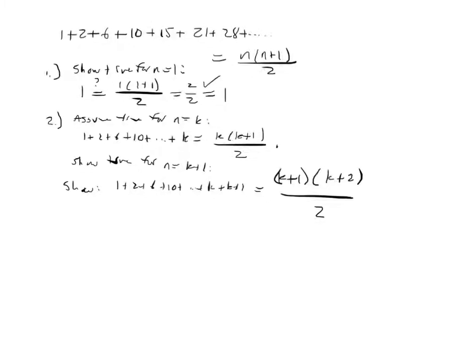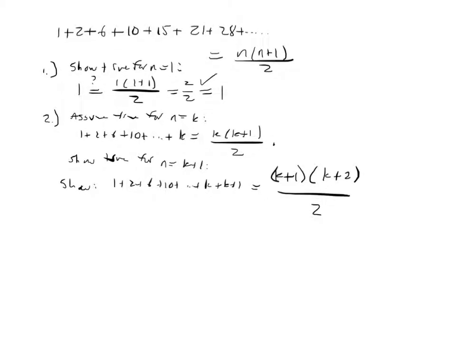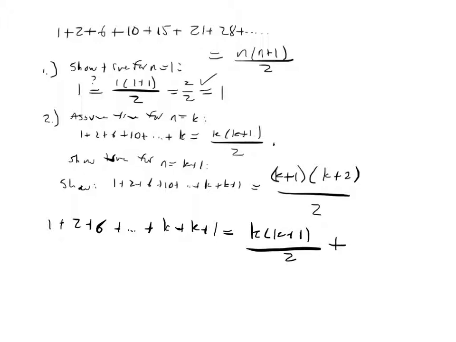If I add that k plus 1 to both sides, I'd have 1 plus 2 plus 6 plus dot dot dot plus k, add that k plus first term, then that's got to be equal to k times k plus 1 all over 2 plus k plus 1.